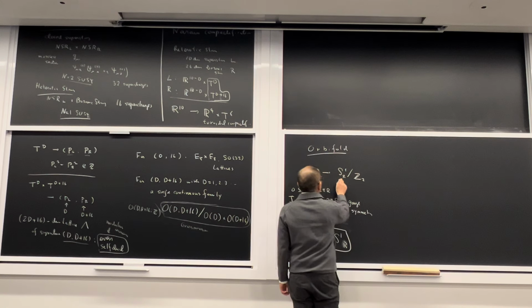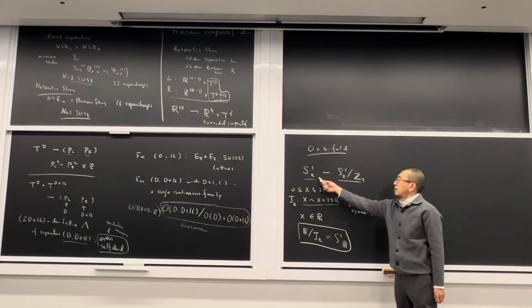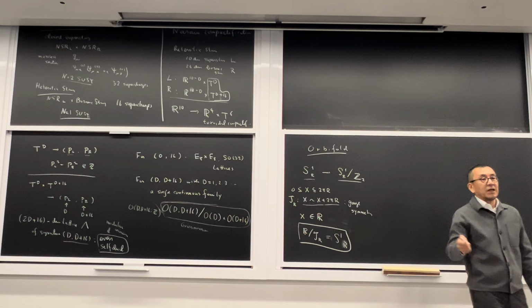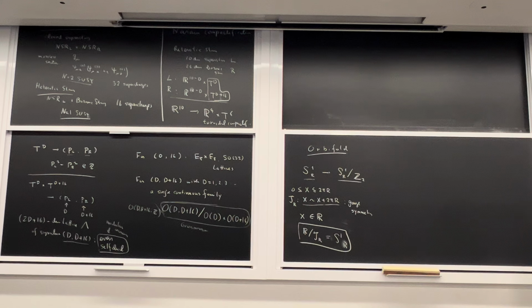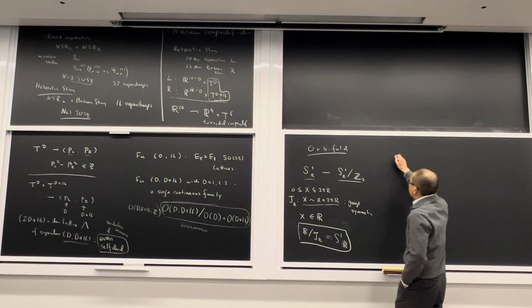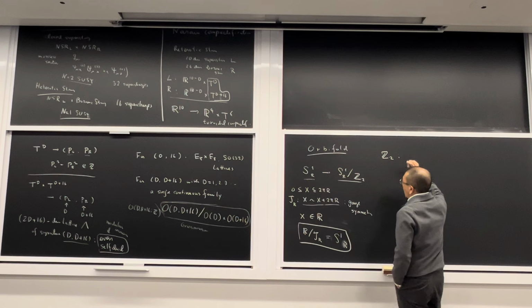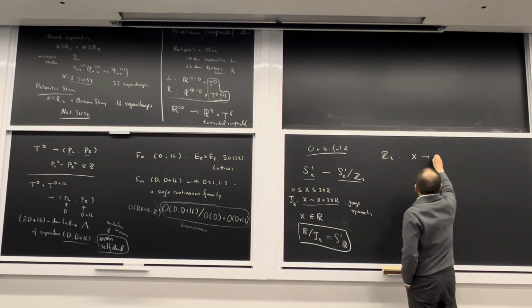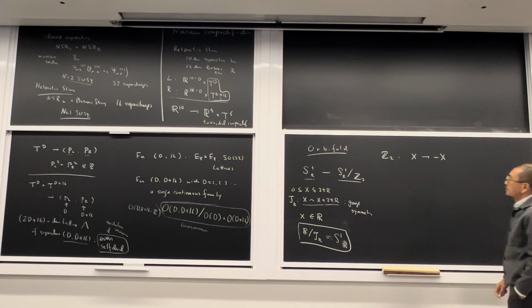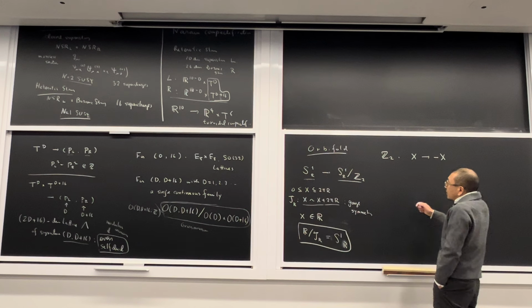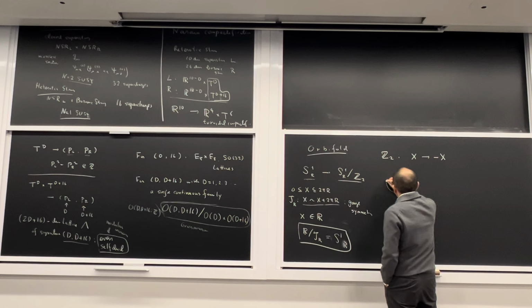Going from here to here, you can think of this as introducing another gauge symmetry, which is to say that now I consider a Z2 action, x going to minus x. And what does it do? We have a circle of radius r. You have 0, and you have pi r.